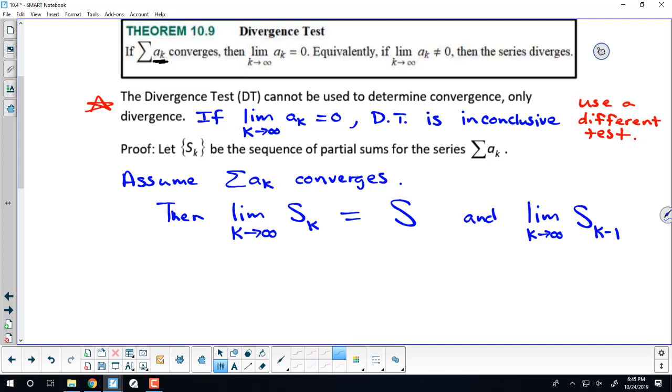The same, right? If we're way out there, close to infinity, and that partial sum is equaling some number s, then the one right before it has to be s as well. Does everybody agree with that? Does it make sense? Okay. So this is equal to s.